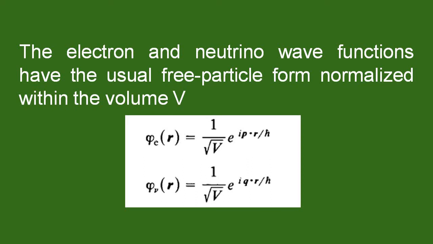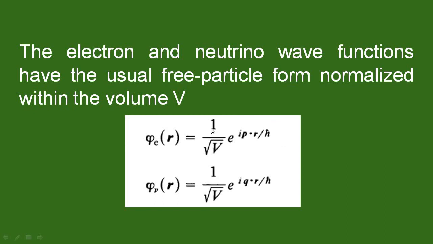And now the electron and neutrino wave functions have the usual free particle form normalized within the volume V. We started with the volume V, and if the wave functions are free particle, you can write the wave function as the famous wave equation used by us.